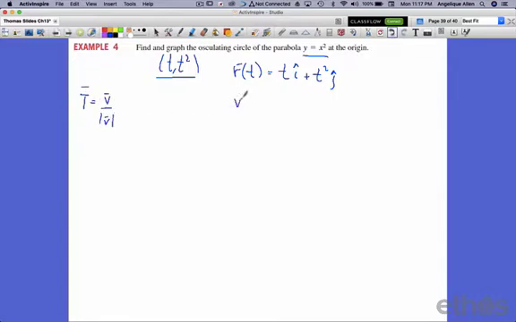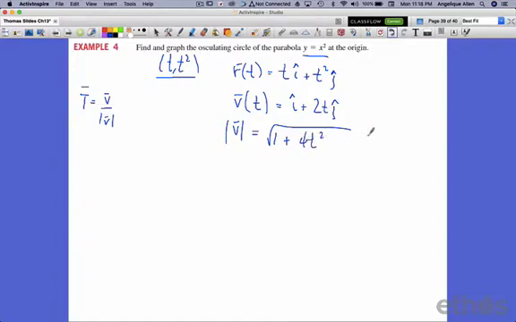All right, so our velocity vector is going to be the first derivative. Derivative of t is 1. Derivative of t squared is 2t. Okay, and then the magnitude of v is going to be the square root of 1 squared plus 2t squared, which is 4t squared.